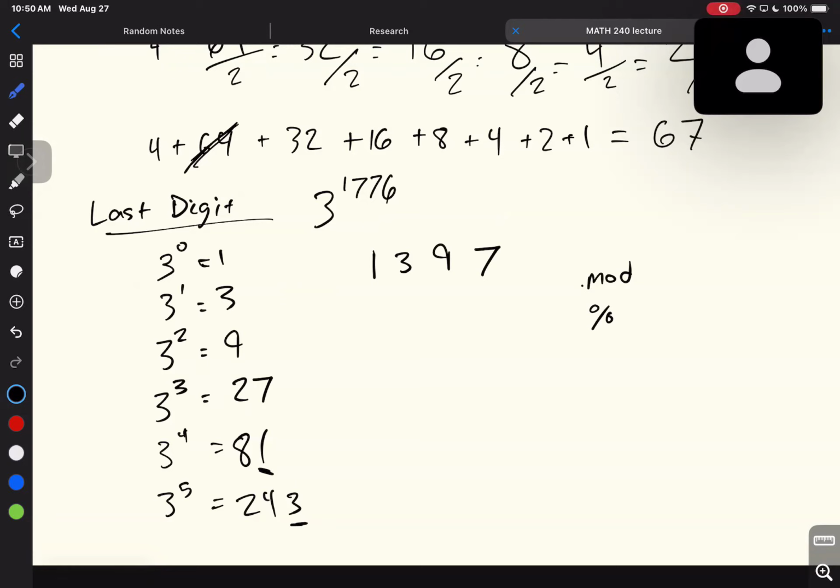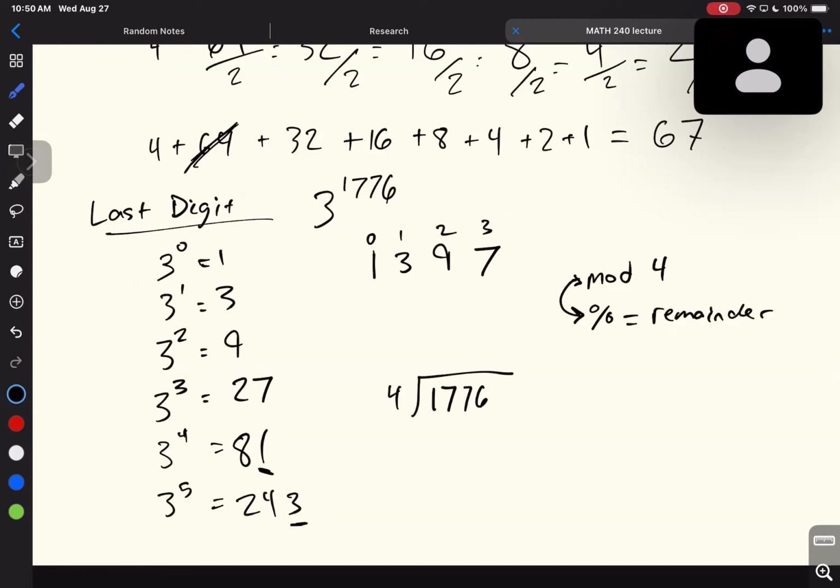And so these two are the same thing. If we number them 0, 1, 2, and 3, then this is mod 4. We just have to divide 1776 by 4. And this gives you the remainder.